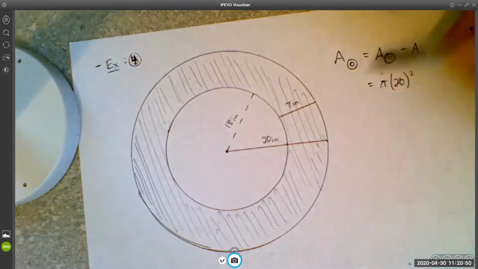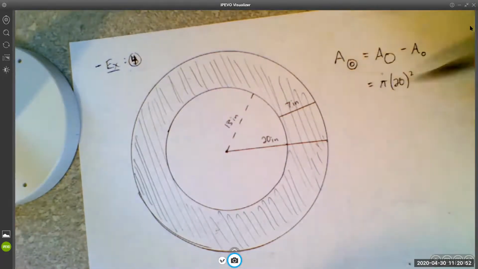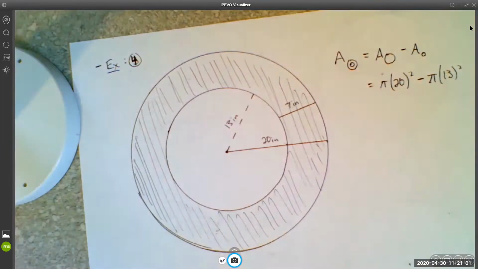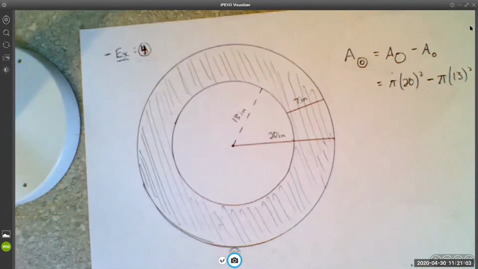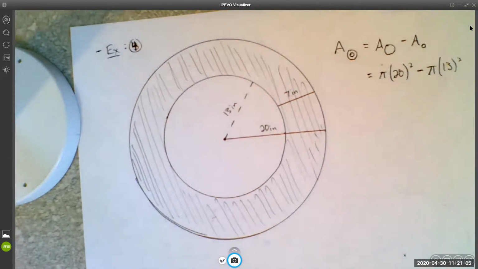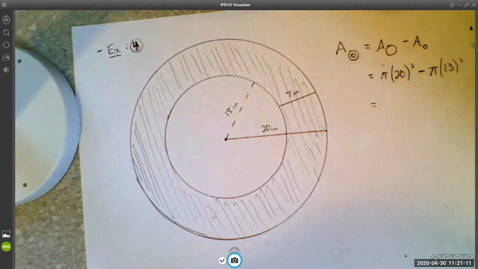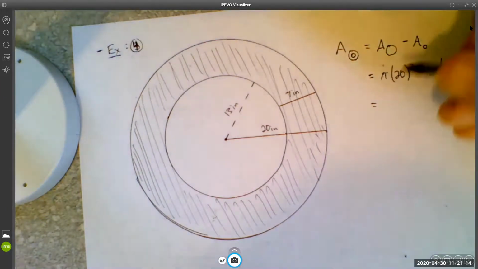Okay, so the area of the washer is area of big circle, pi times 20 squared, minus area of small circle, that would be pi times 13 squared. Again, I'm not going to change this to decimals or anything, at least not yet. I know that 20 squared is 400, right?